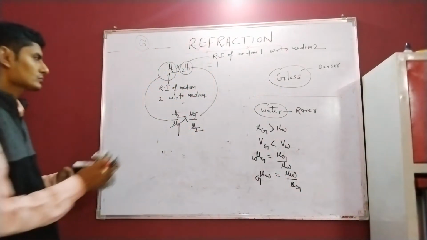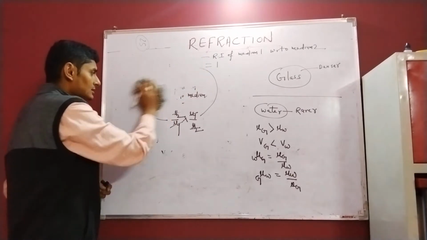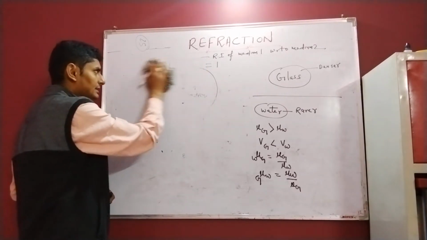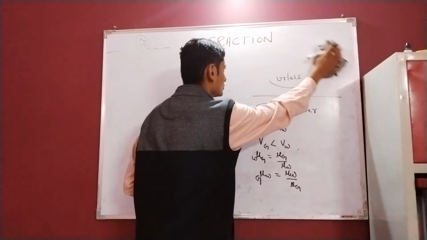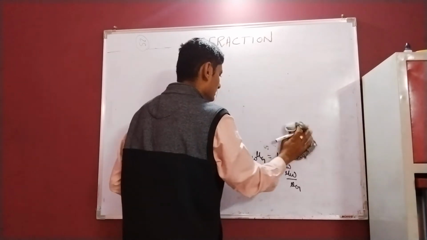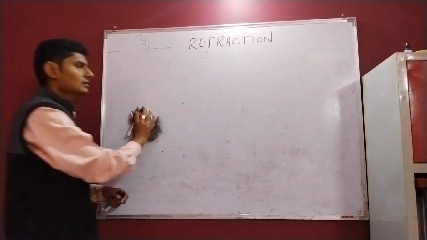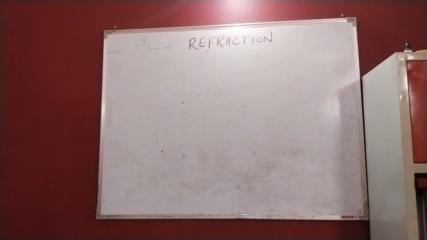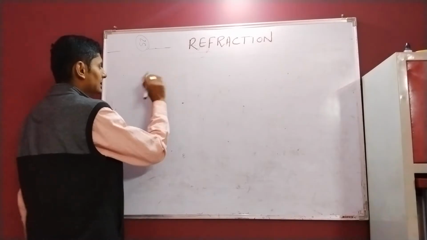Okay. As far as dependence of refractive index is concerned, refractive index depends on the nature of the medium as well as wavelength and temperature. Okay. There is a relation known as Cauchy relation.